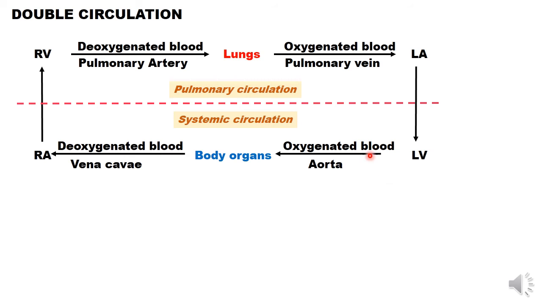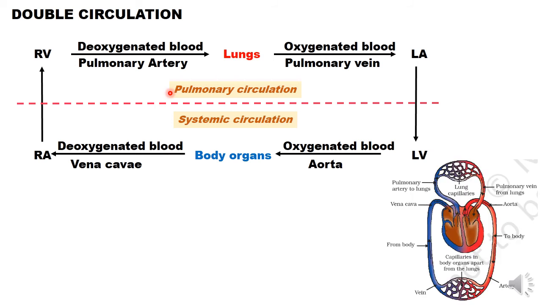And now, after seeing the scheme of double circulation and the two different routes through which the blood travels, let us try to recall this diagram. You can see this is the left atrium and this is the right ventricle. The left atrium was receiving the blood from the lungs and the right ventricle was sending the blood to the lungs. This was our pulmonary circulation.